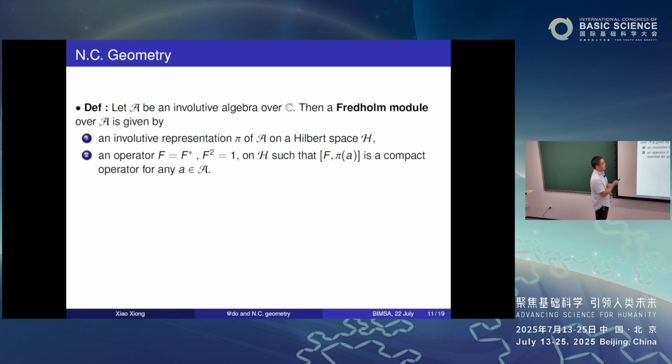And secondly, we have a good enough operator, which is the abstract elliptic operator, which is self-adjoint, the square is 1, and more importantly, the commutator. Because now we are doing the commutator on the Hilbert space. So the triple requires that the commutator is compact.